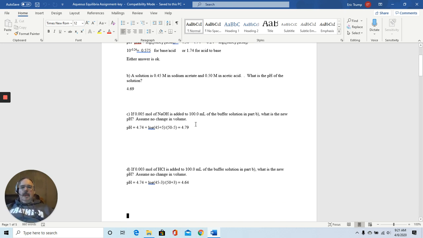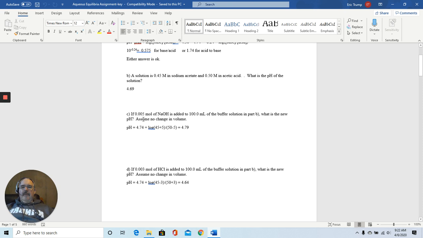What you do here is, since the acid and base have the same volume, those can divide out. And if we take concentration times volume, 0.45 times 100, that's 45. 0.5 times 100 is 50.